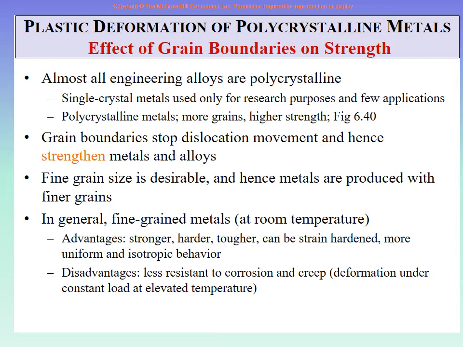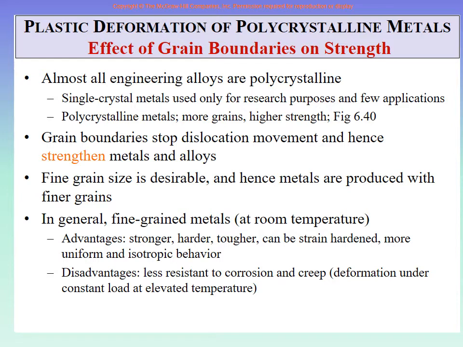Now you will see another technical term here, dislocation. We will cover a chapter later on which is about defects at the crystal level. Dislocation is a type of defect we will see at that time.